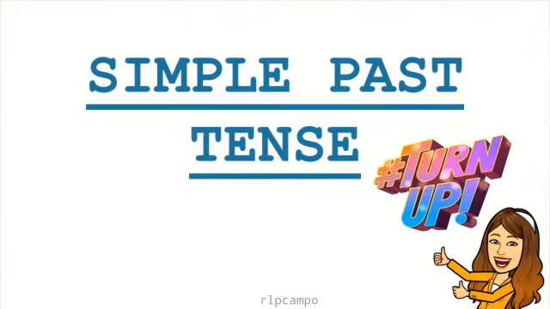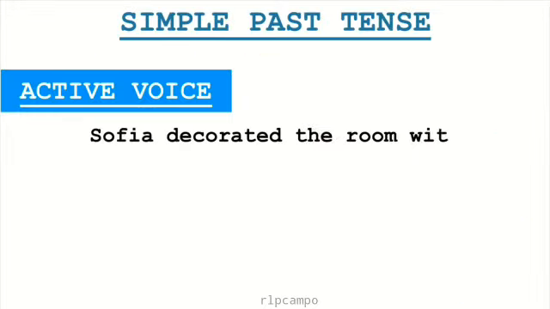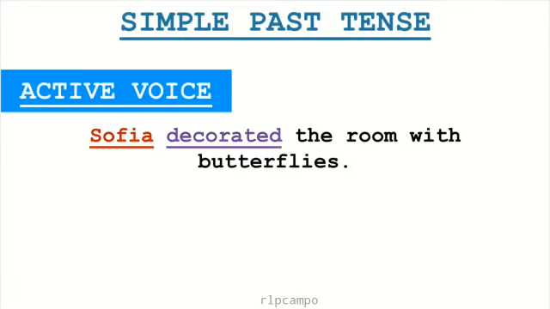The next is simple past tense. Sophia decorated the room with butterflies. The subject or doer of the action is Sophia, and the verb is decorated. It is expressed in past tense.